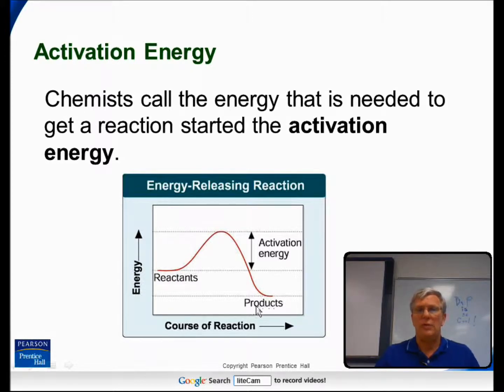The right side represents the products. You can see in order for this reaction to take place, there's a little bump right here, and that's referred to as the activation energy. So the activation energy typically in most chemical reactions is some form of heat. Heat is added in order to get the reaction started.